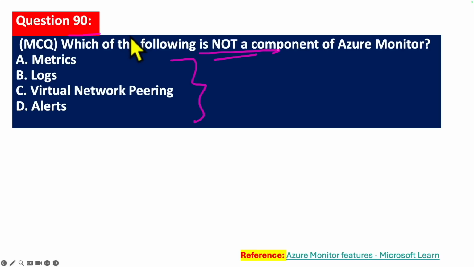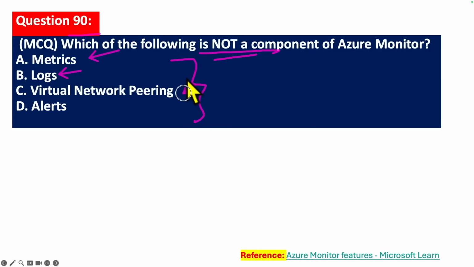First, let's look at the first option, metrics. Metrics are part of Azure Monitor. Metrics provide numerical data about the performance and health of your resources, enabling you to visualize trends and track performance over time. Next is logs. Logs are again part of Azure Monitor. They help you capture detailed information about events and activities in your Azure environment, allowing you to perform in-depth analysis and troubleshooting.